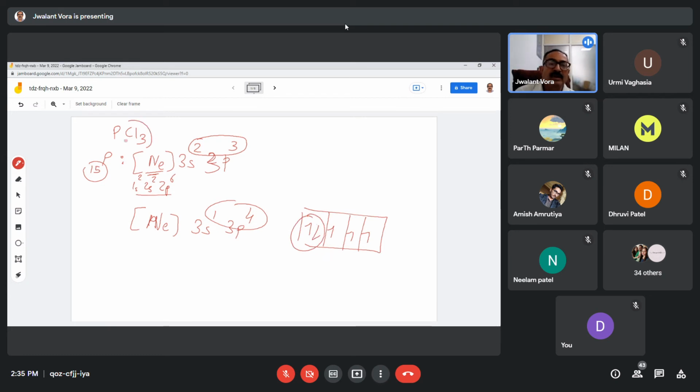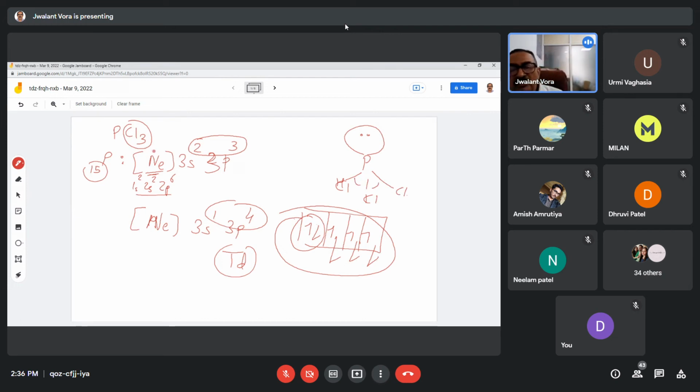Now 3 chlorine atoms, they will come with 1 electron each, right? And a total of 4 pairs are there. So it should have the tetrahedral shape with 1 lone pair. So here also squeezing of the bond angle will be there. So PCl3 is based on a regular tetrahedral shape.